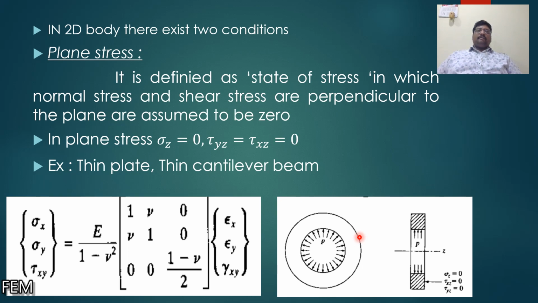But compared to the stresses developed in the x and y directions, the z direction stress is very small. Hence, we assume that the stress in the z direction is 0, and similarly the shear stress in the yz plane and the shear stress in the xz plane are also considered to be 0. Such a type of stress condition is called the plane stress condition.